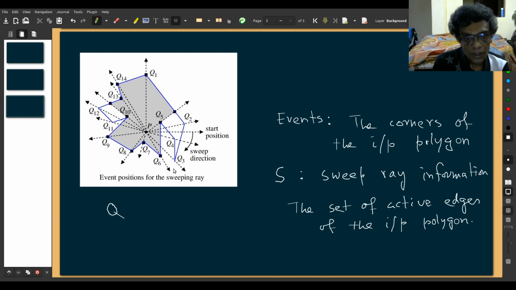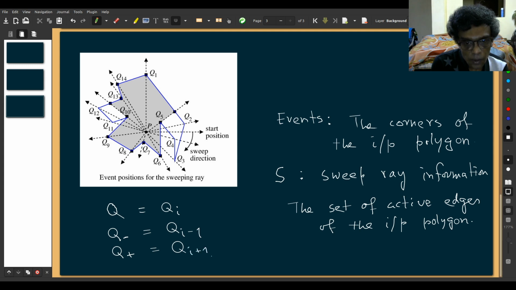So if Q is something like Q_i, I look at Q minus, which essentially means the point Q_{i-1}, and Q plus, which essentially means Q_{i+1}, but this i minus 1 and i plus 1 should be computed on this.